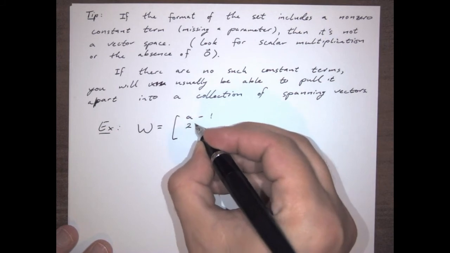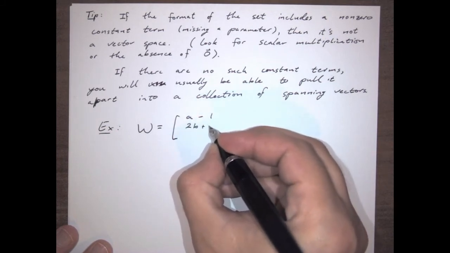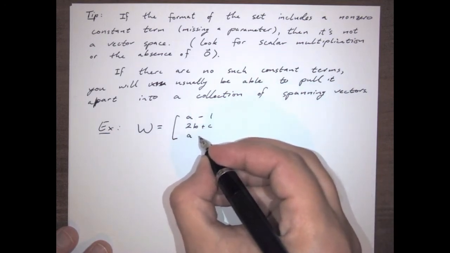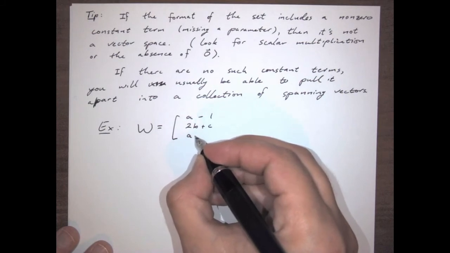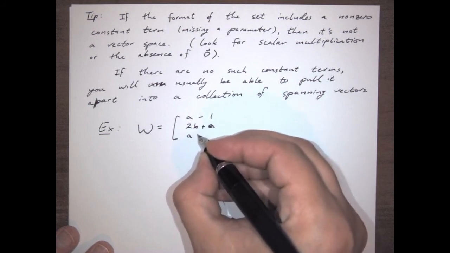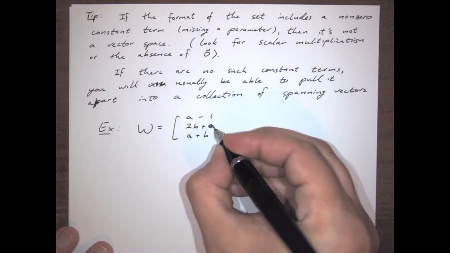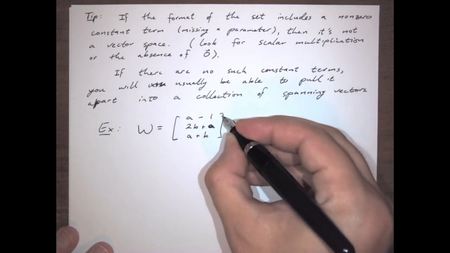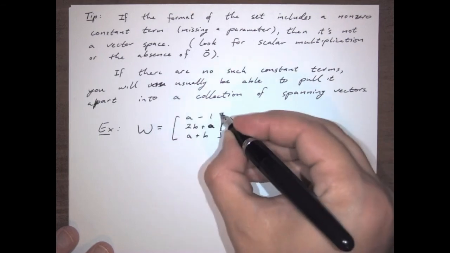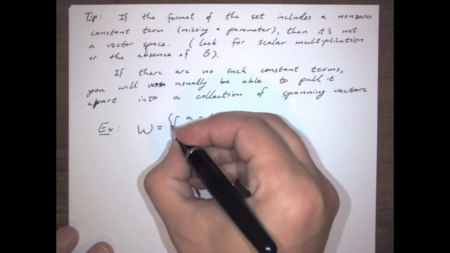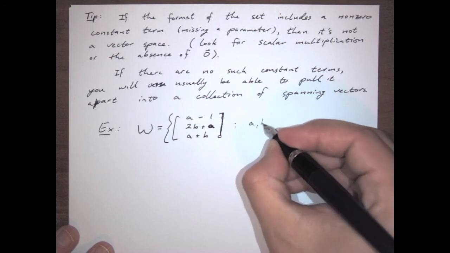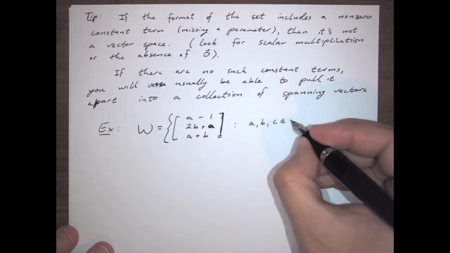Then here we have 2B plus C, and then down here, let's actually make it 2B plus A, and then here we have A plus B. So it's the set of all of these, and we'll say A, B, and C are allowed to be any real number.